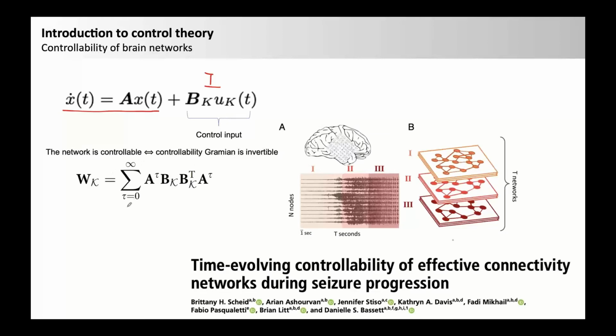That's this nice sum of B and A, where B is your control input matrix and A is your structural connectivity. And you build a sum of it. So this is called the controllability Gramian. This has been shown, so we can assume that's true. And if our system looks like this, all we have to do to know if the brain is controllable is just compute this.